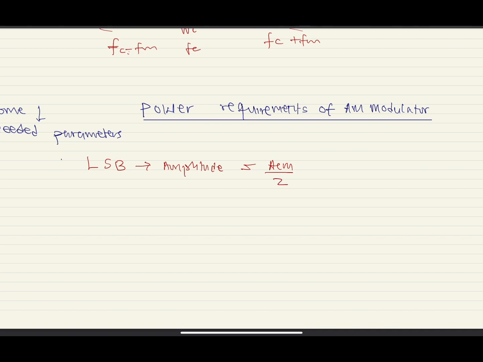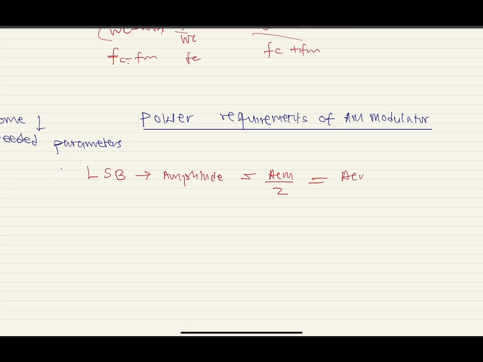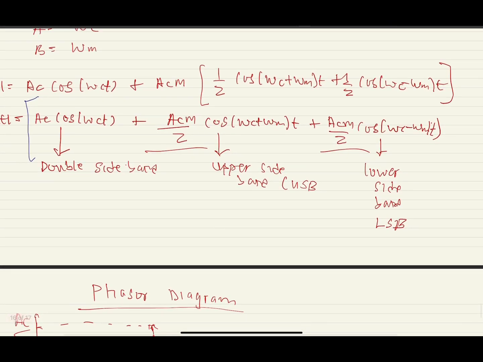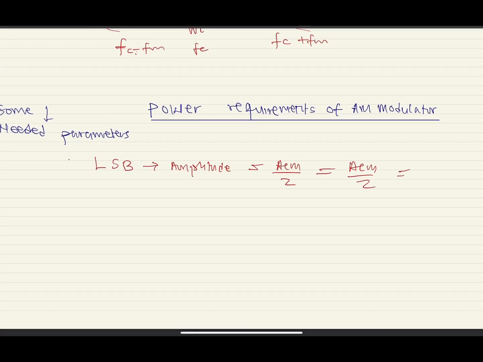The same thing applies to the upper sideband. They also have the same amplitude, which is ACM over 2. That has also been verified in the envelope equation. Looking at it, the upper sideband and lower sideband all have the same amplitude.